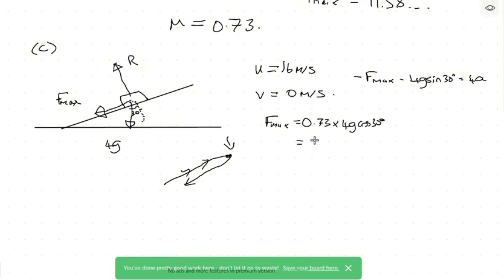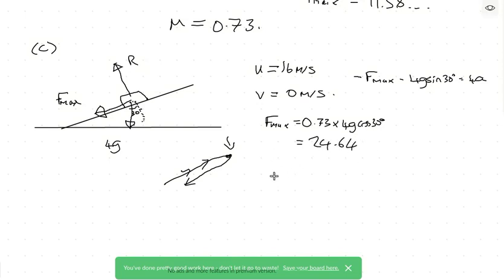So that changes everything. And that's going to give me, let's just quickly work that out. I'm using the full version of F max here, so I might have a slightly different answer on my calculator to you here. Cos 30. And I get 24.64.